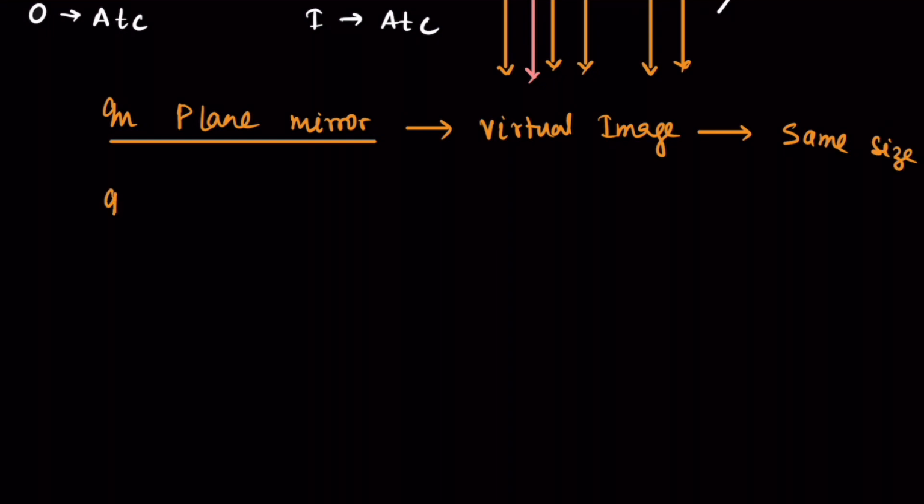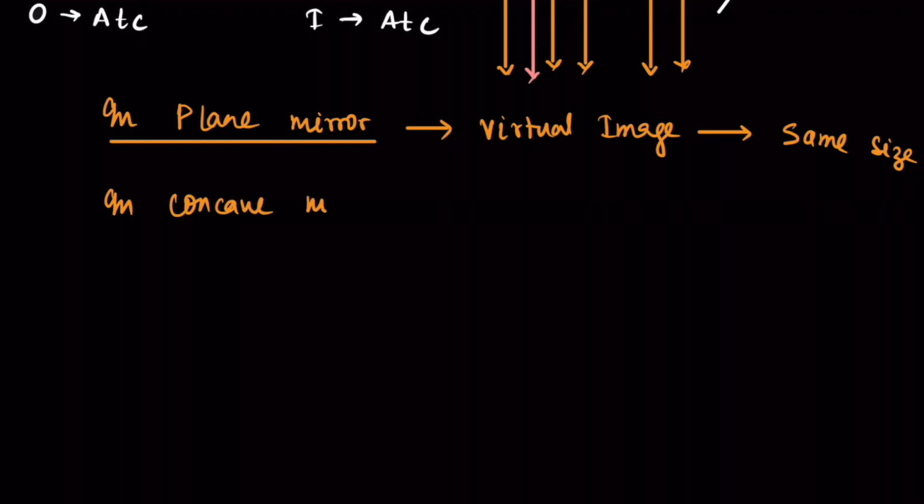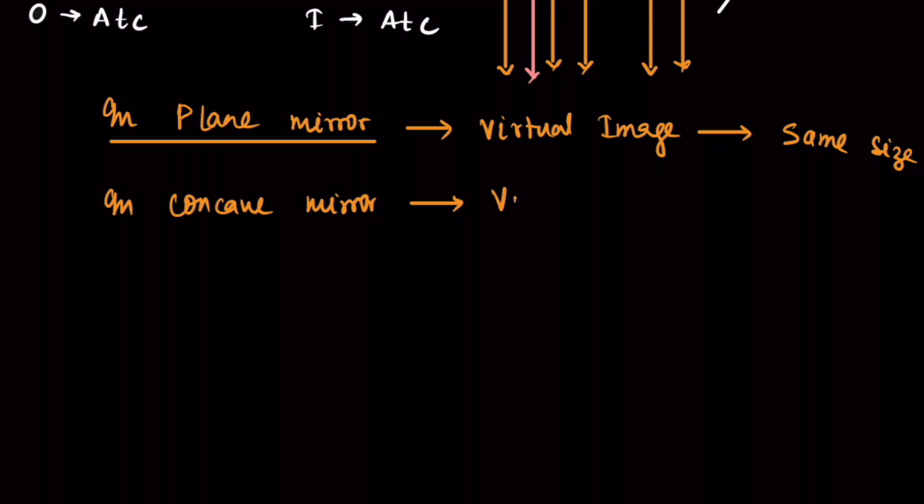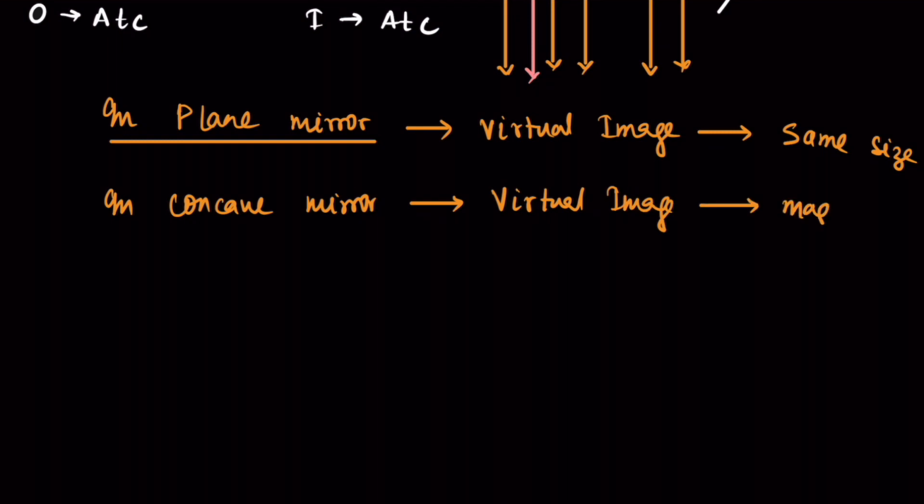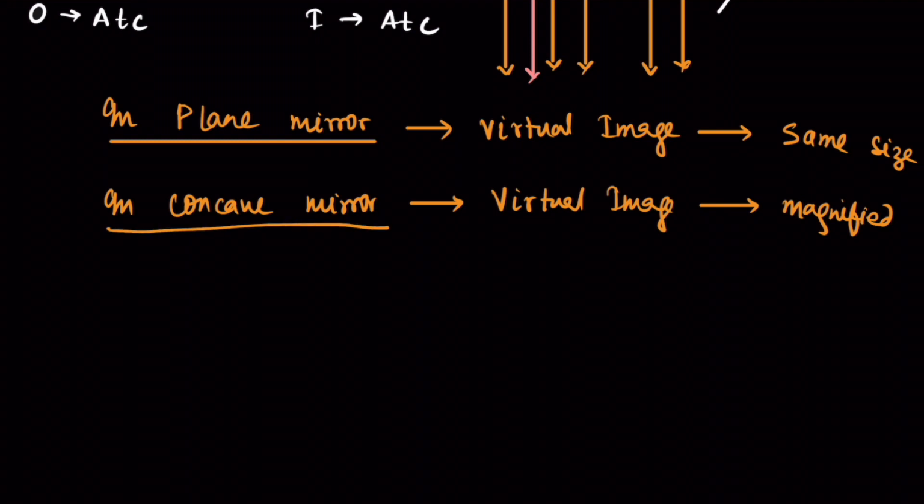But in a concave mirror, when the virtual image is formed, it is magnified. So many times a one-mark question comes based on these small points. So you need to remember.